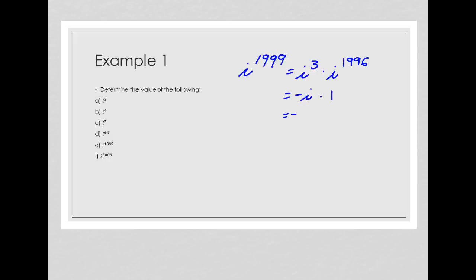So my final answer here is -i. For the last one, i to the power of 2009, in this case, I can break it up into i times i to the power of 2008. So the i stays as it is, and the i to the power of 2008 is again a multiple of 4. So that will become 1. And my final answer there is i.